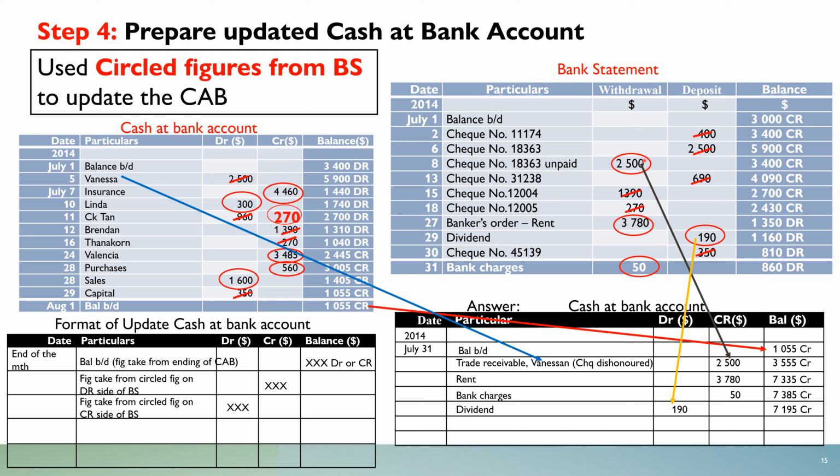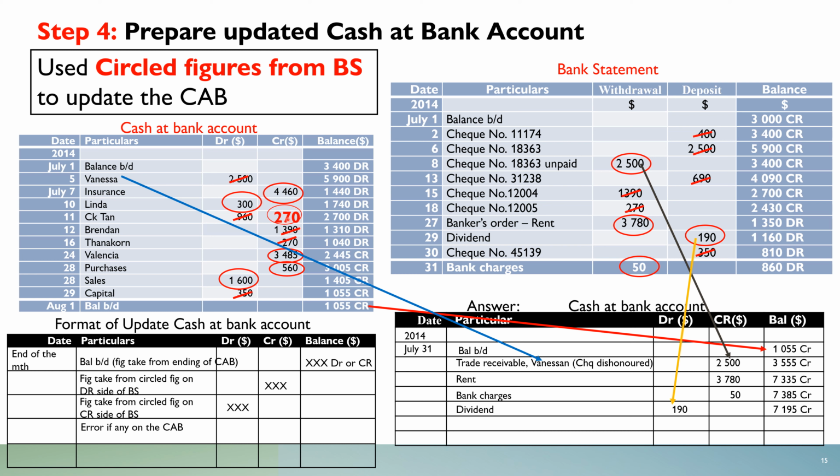After I transfer all the circle figures, the next last step is to ask yourself: is there any error that we need to correct in the cash at bank? Yes, there is. There's this figure here, 270. Remember the error statement, 270.